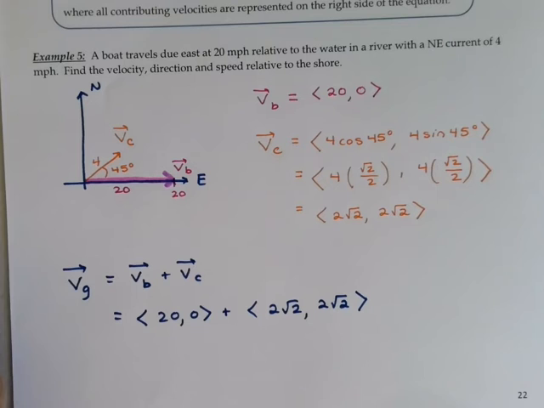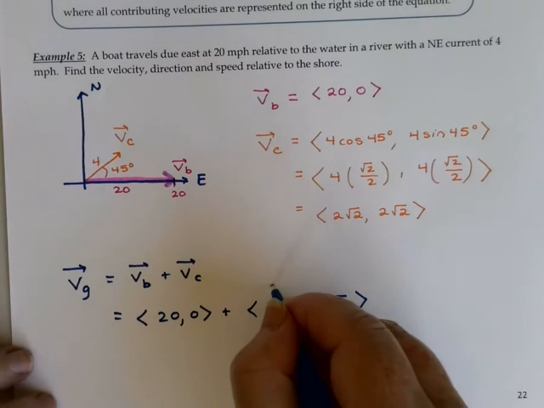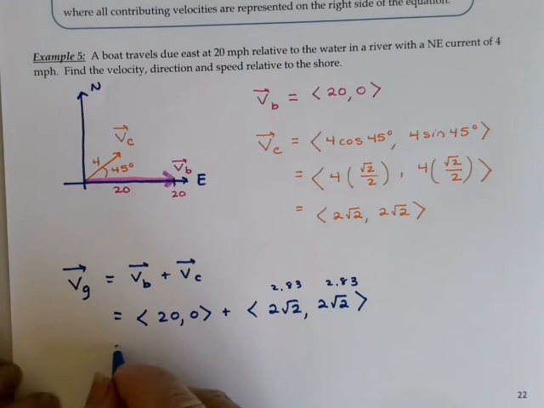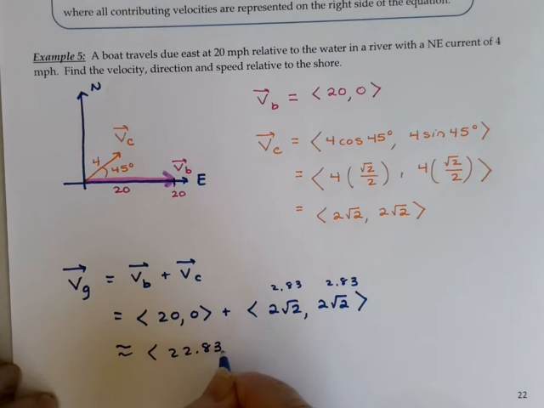And let's see, I'm going to give the final answer as a decimal. What is 2 square root 2? It's about 2.83. So I'll get 22.83, comma, 2.83.